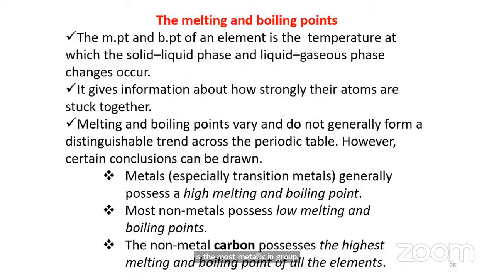So the melting point and the boiling point, these ones have no trend, but generally metals have a high melting and boiling point because the nature of bonding in metals is a metallic bond, which is highly directional, while non-metals have a covalent bond, and the covalent bond is generally weaker than the metallic bond, and so non-metals have a low melting and boiling point, except carbon in diamond.